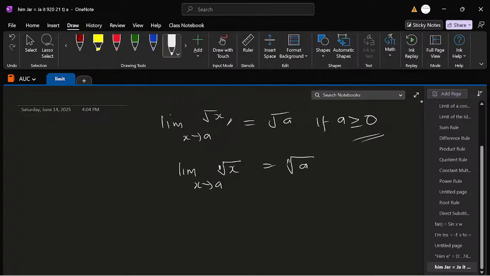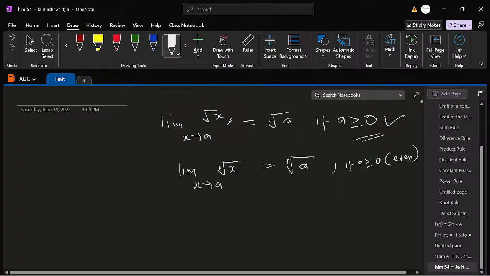But for even roots, you have to put this condition, that is, if and only if a is greater than or equal to 0. So if a is greater than or equal to 0, this is for even roots.